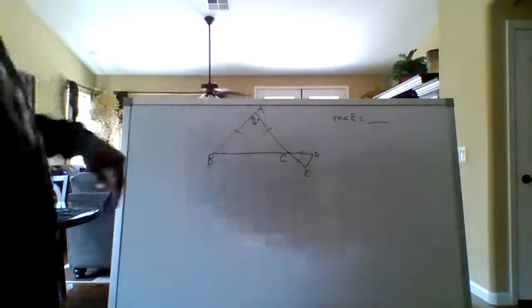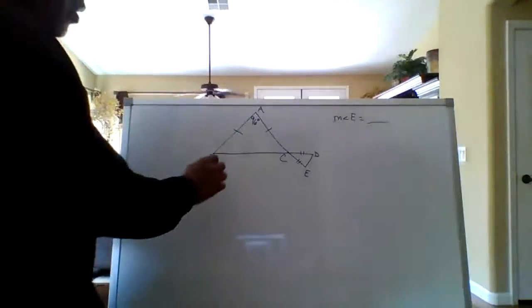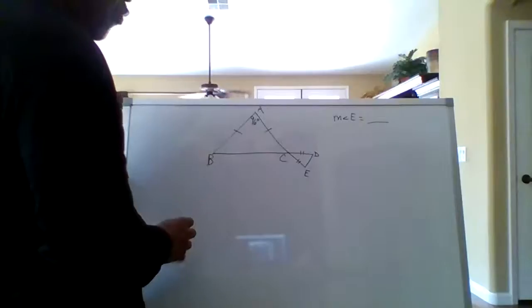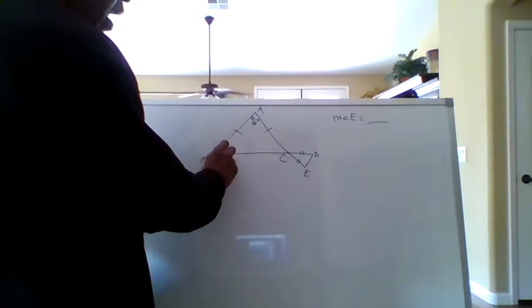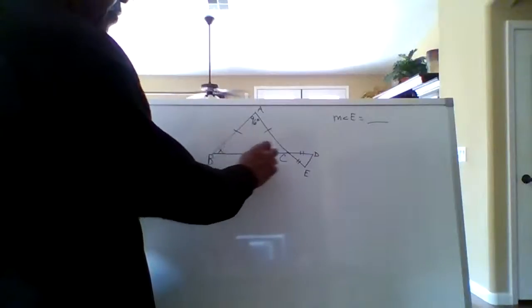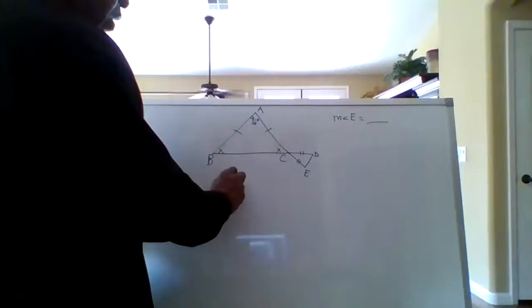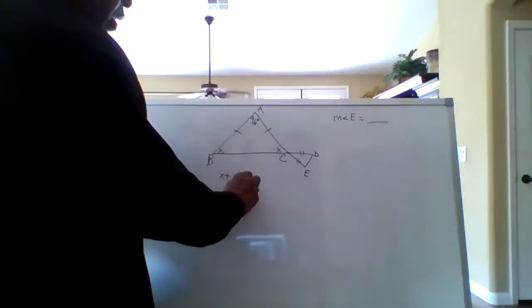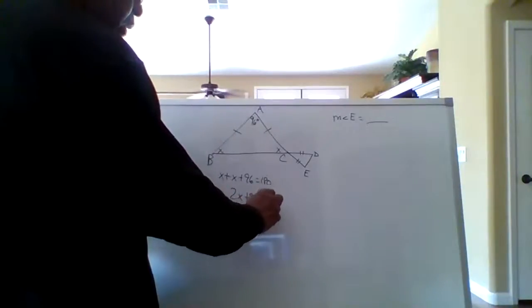Now in triangle ABC, this vertex angle is 96 degrees. We know that our base angles will be congruent. So I'm going to call these two here X for right now. So we have X plus X plus 96 equals 180. 2X plus 96 equals 180.